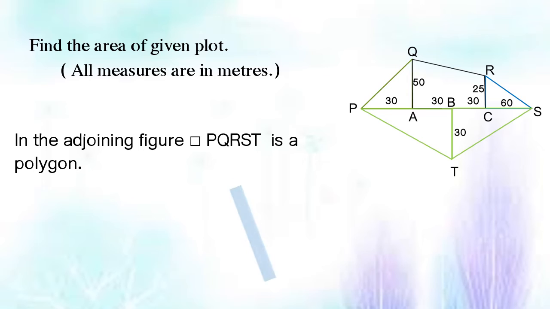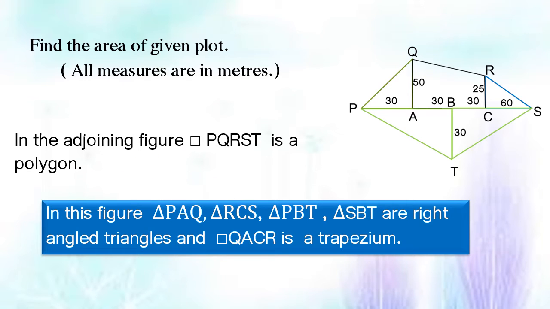Now in this case, there are triangle PAQ, triangle RCS, triangle PBT and triangle SBT. These are right angle triangles. And quadrilateral QACR is a trapezium. Similarly, as you see here, PTS, this is a triangle.